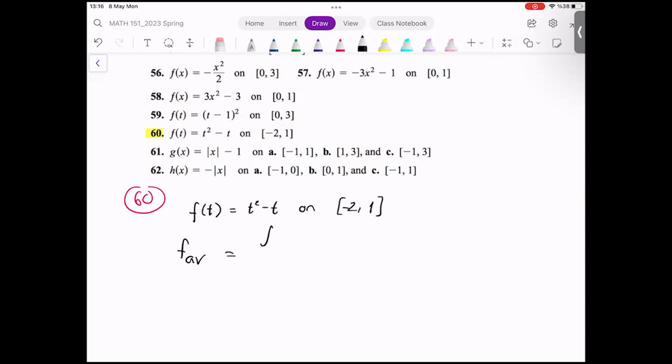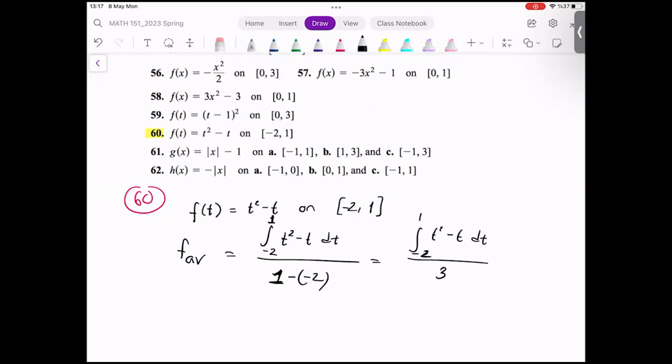So you will compute this definite integral from -2 to 1 of this function divided by the length of the interval, which is computed like this. So what we should compute is this definite integral from -2 to 1 divided by 3. Okay, that's what we should compute now.